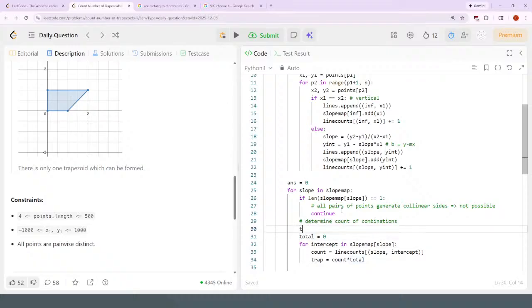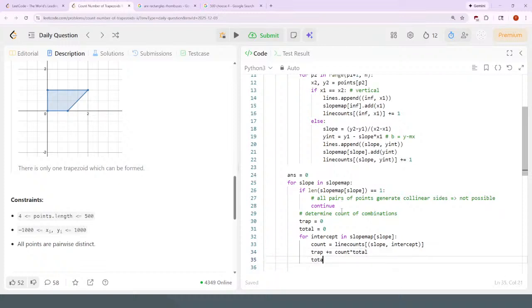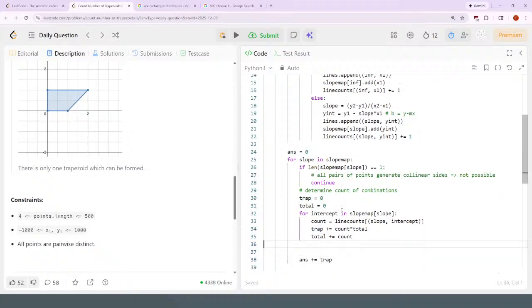No, I do need traps. So that's the number of trapezoids. So it's incremented by this. And then total incremented by the current count. Yeah.